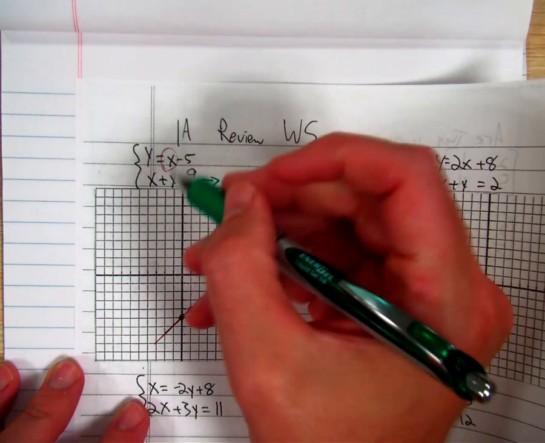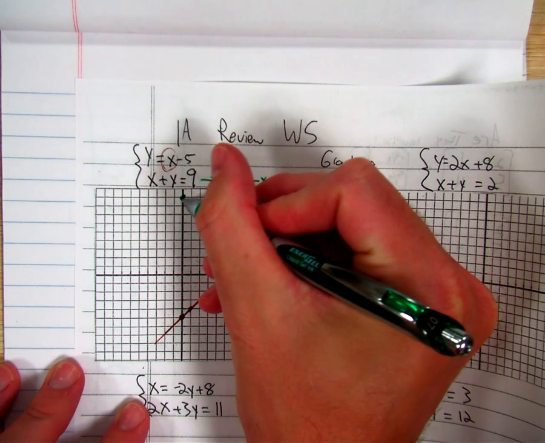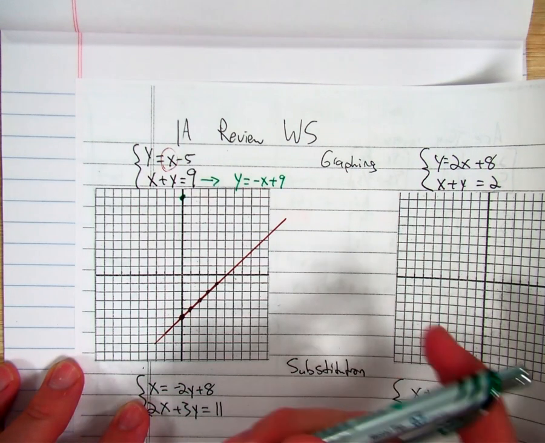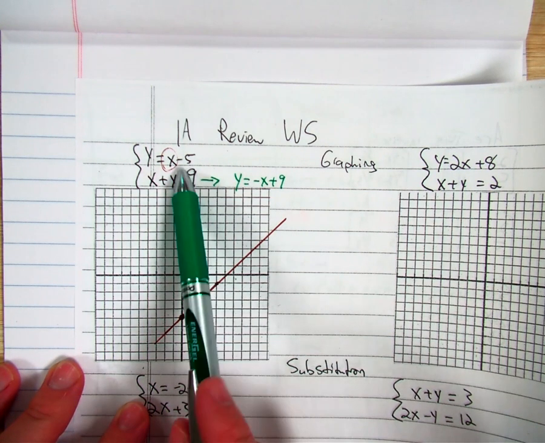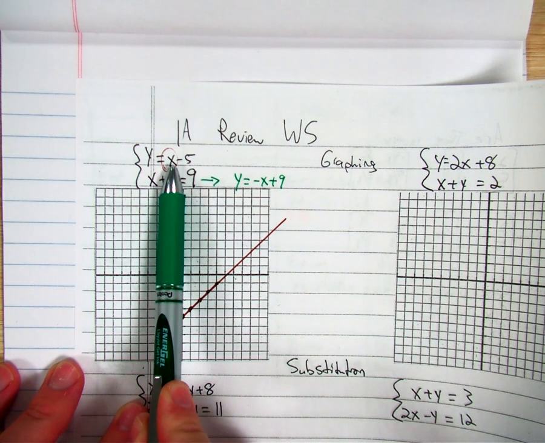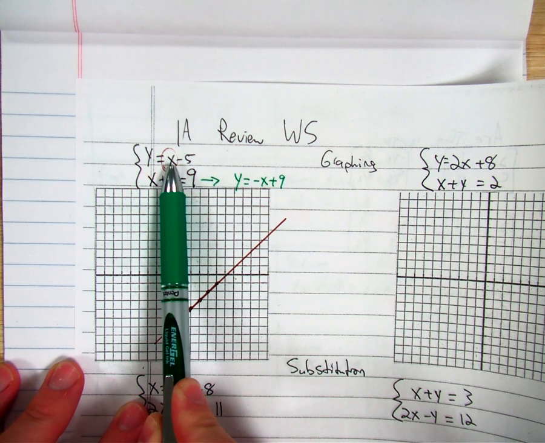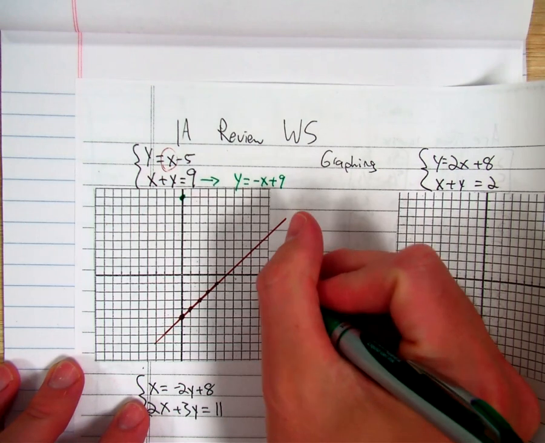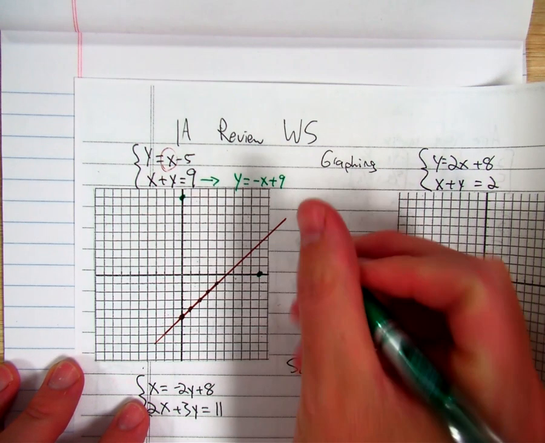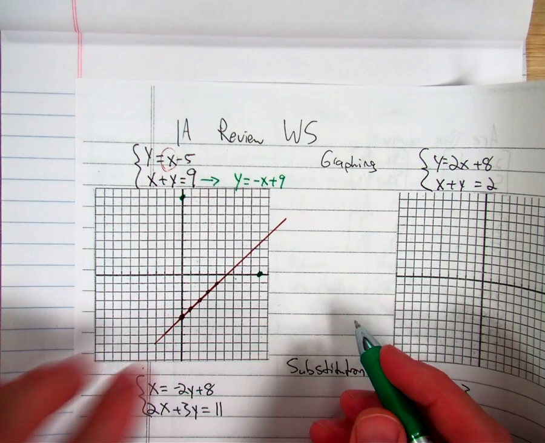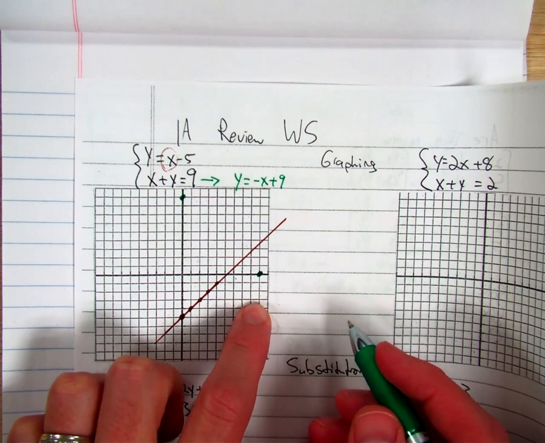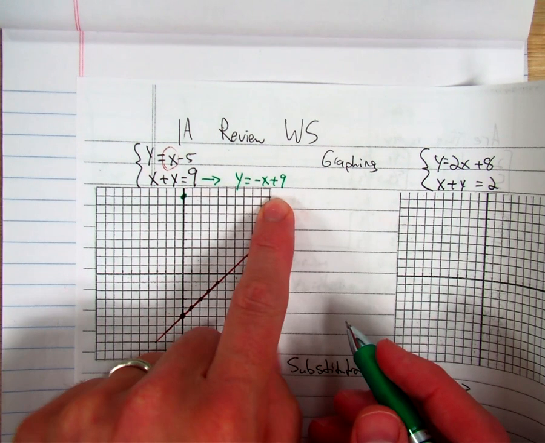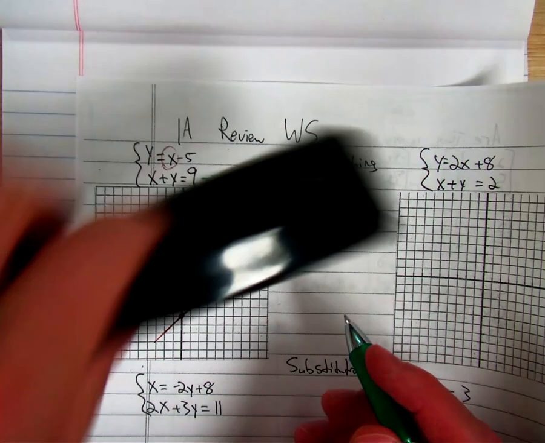So 0, 9. And if I want the x-intercept, I plug 0 in for y, and now the y is gone because it's 0, and x equals 9. 9, 0. So we got 0, 9 and 9, 0. Or we could also go with the normal y equals mx plus b method there.